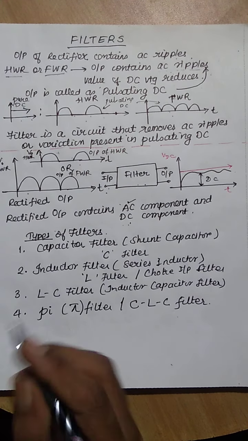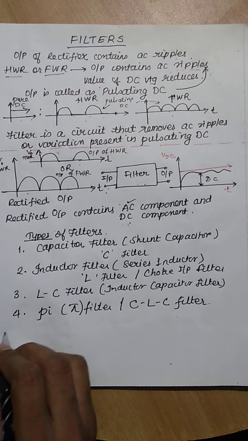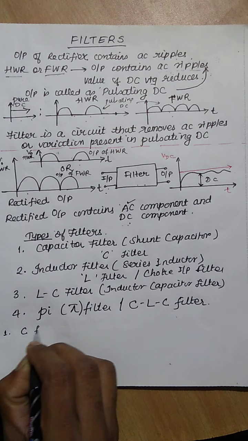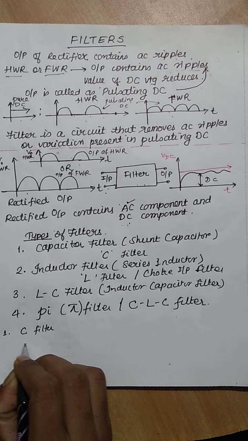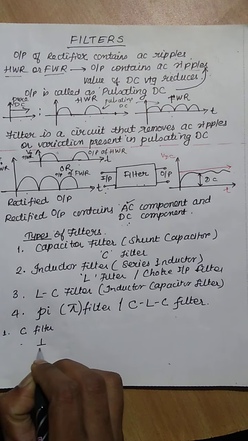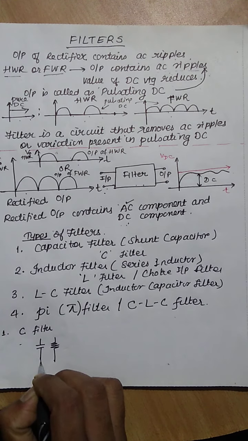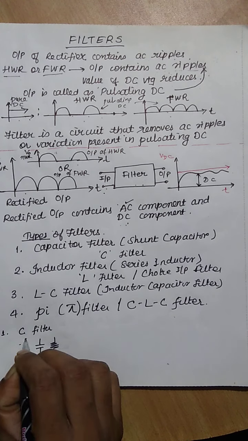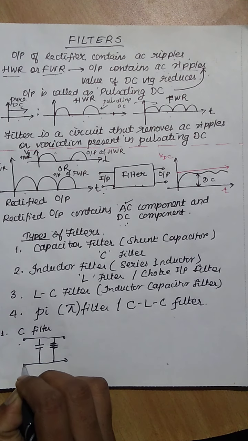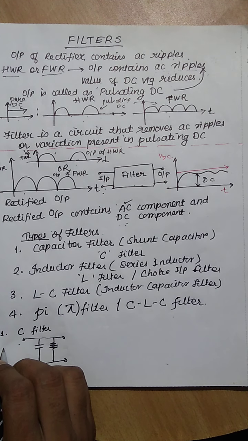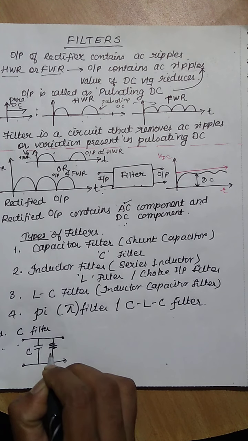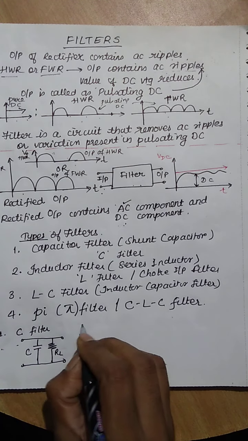So how the circuit look like? So first is C filter. It only consists of a capacitor in parallel with the load. Here we will have input. This is C, this is RL.